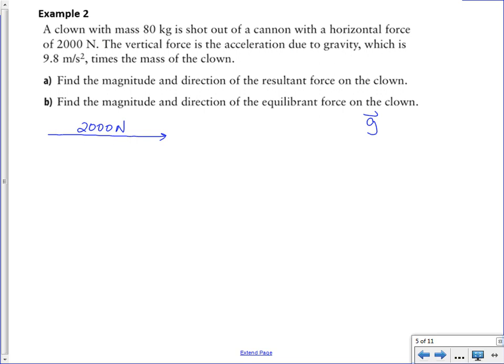Is that better? Okay. Now they're giving me a formula here. They're saying the magnitude of the force due to gravity is calculated by multiplying the mass times the acceleration due to gravity.